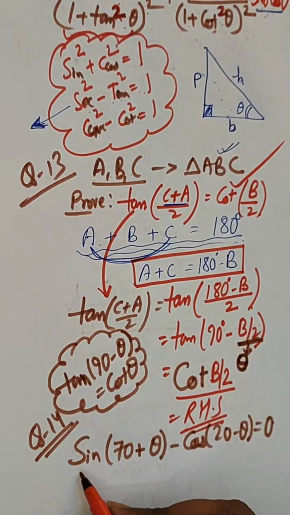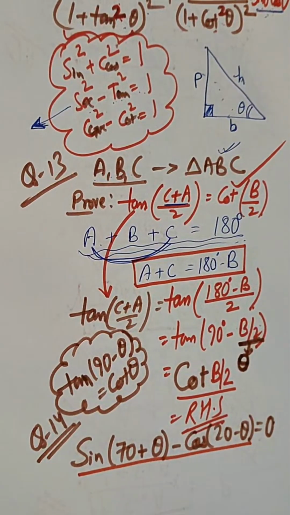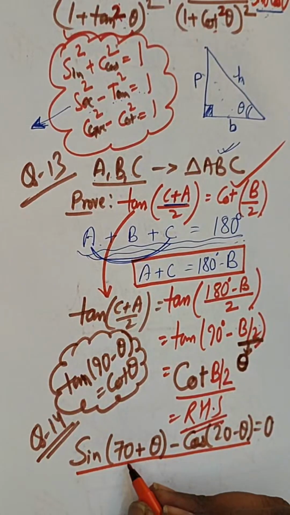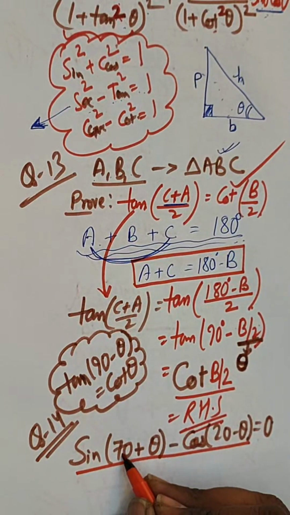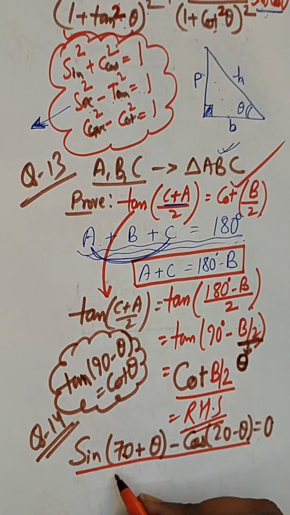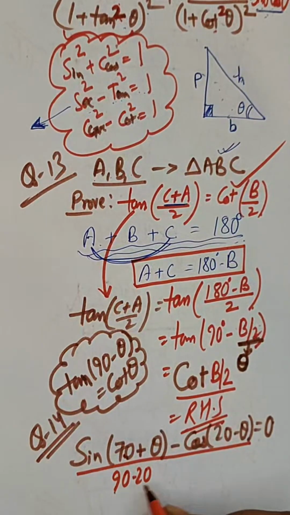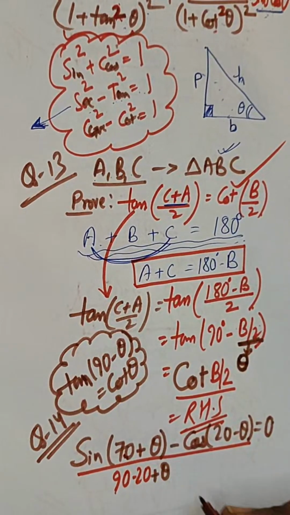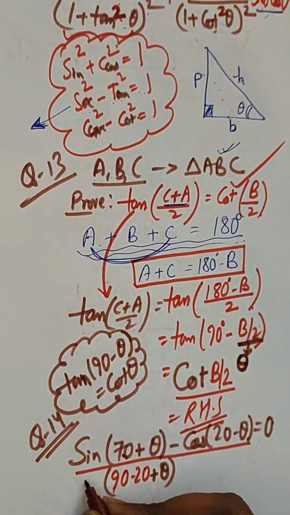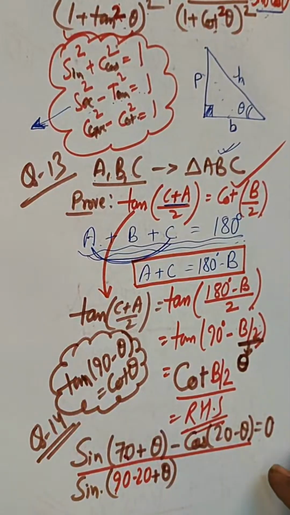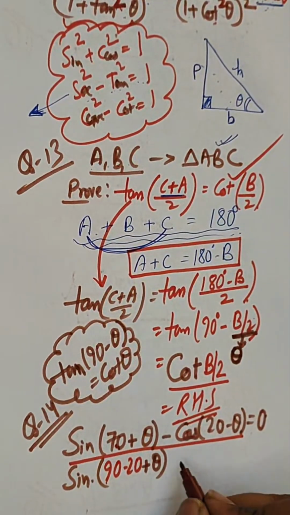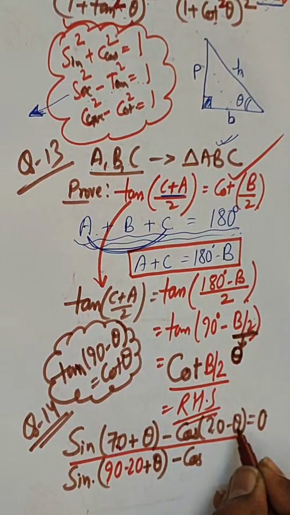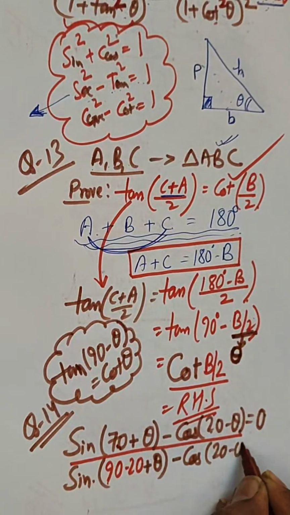Before solving this final question of today's session, use the complementary angle concept, right? 70 can be written as 90 minus 20, isn't it? And after that this theta will be here, and put sine over here as it is, and leave the cos of (20 minus theta) in its format.